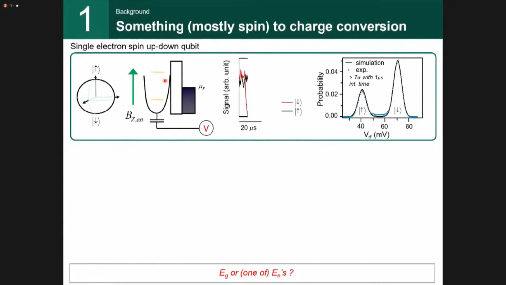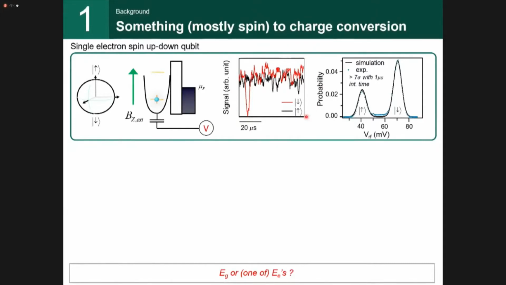But when you wait long enough, the electron from the reservoir reoccupies the quantum dot in the ground state, so my sensor signal is recovered. Whereas if the state is originally the ground state, nothing happens. And this is exactly what Michelle just explained in her slides.